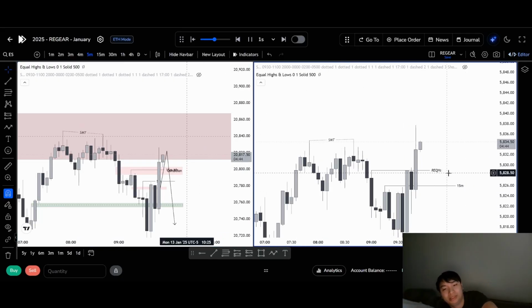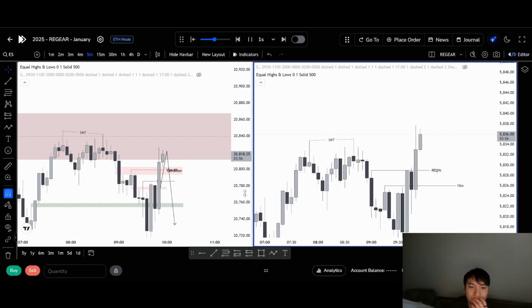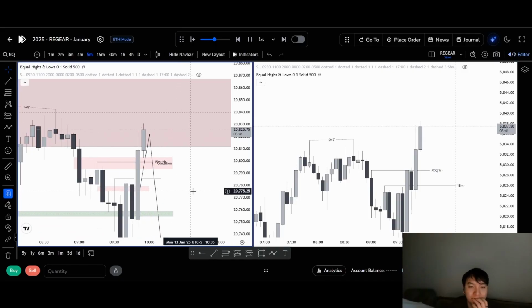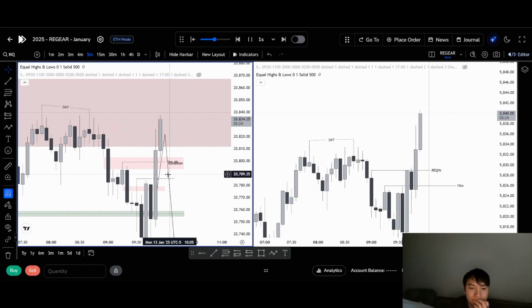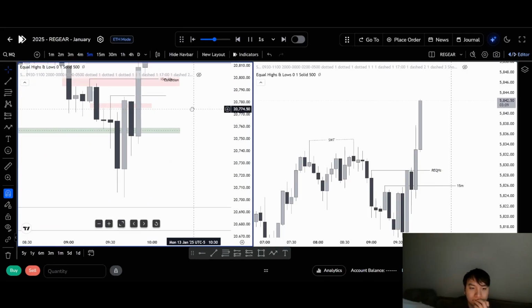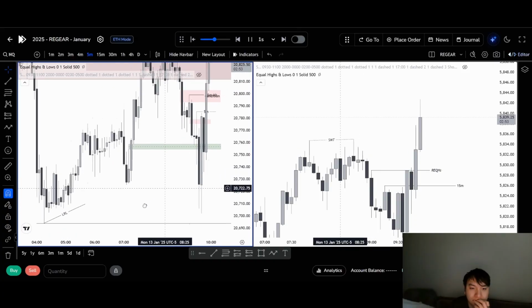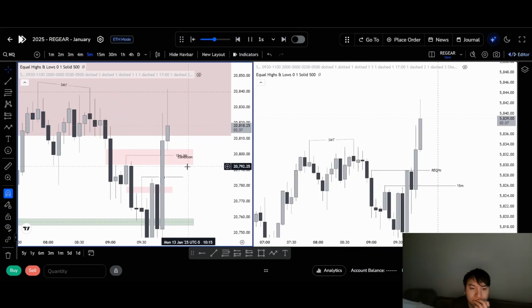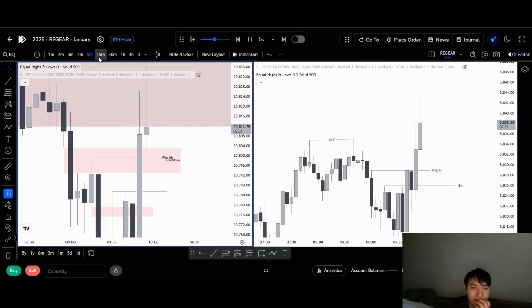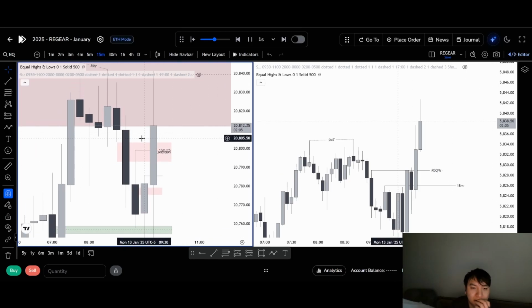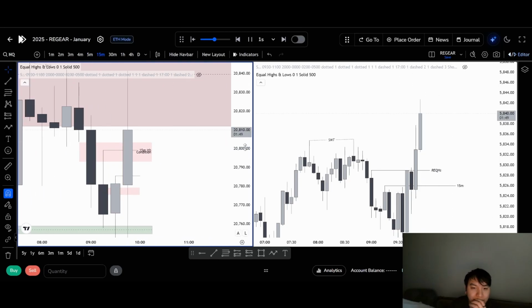Or we're not dumping, we're just being so heavily bearish, bullish now. And we invalidated this 5. There's 2 minutes before 10. I'm waiting.